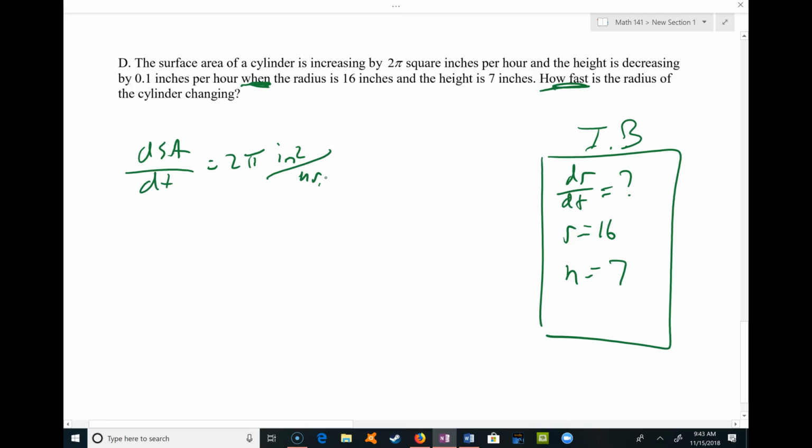It seems like it says it's just increasing like that, right? And the height is decreasing. So that would be dh dt, right? And it's decreasing, so that would be negative 0.1 inches per hour. Yeah? And I think that's all the information.